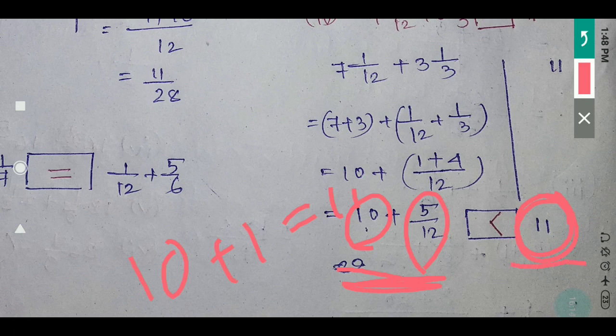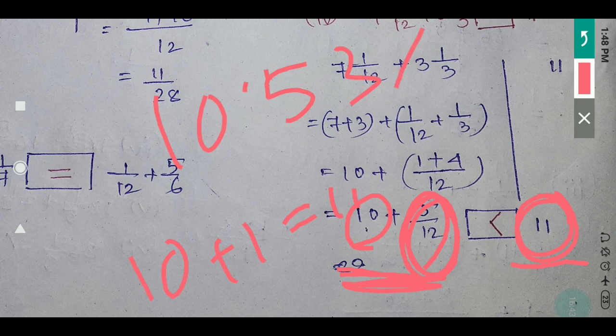Obviously this will be bigger. Here you will get 10 point some decimal number, like 10.7 or 10.23. Will there be any chance of getting 11? No. Every time, after doing the division, you will get 10 point something, like 10.532.